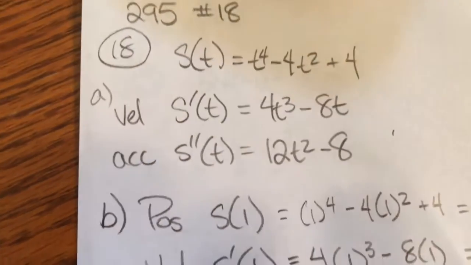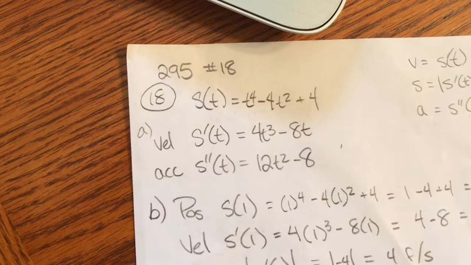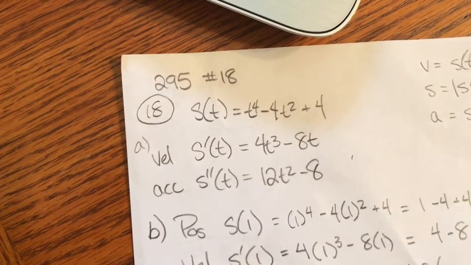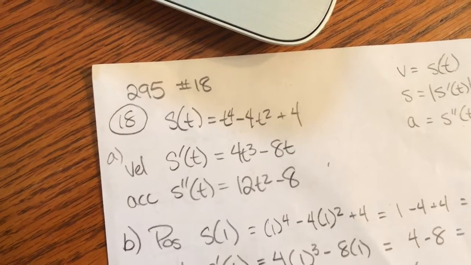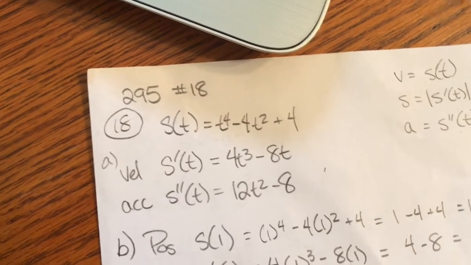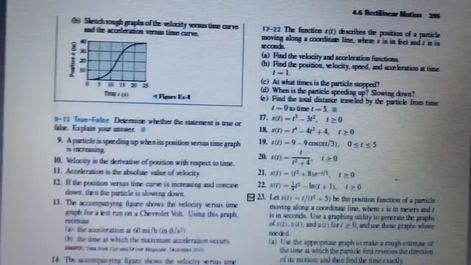And my acceleration is going to be 12 times 1 squared minus 8, which is 12 minus 8, which is 4 feet per second squared, which means I'm speeding up.